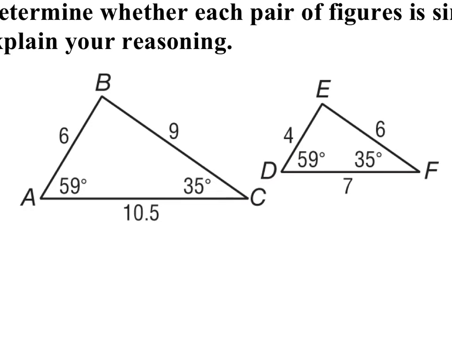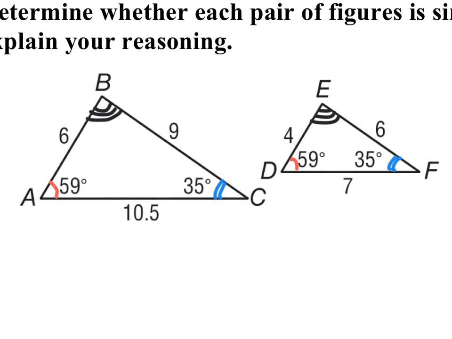Then angle C is congruent to angle F. If two pairs of angles in two triangles are congruent, then the third pair of angles is also congruent, so angle B is congruent to angle E.